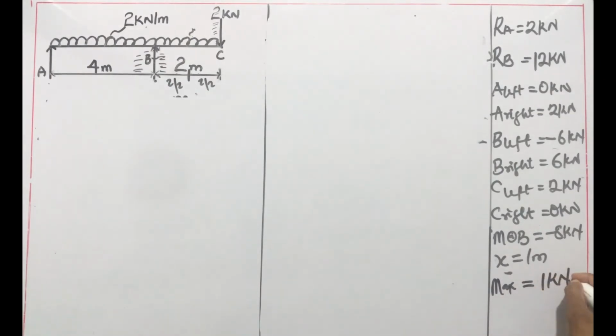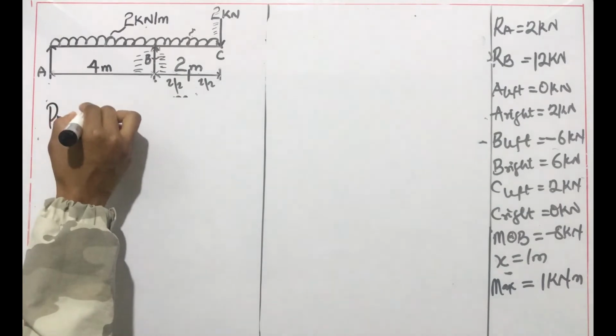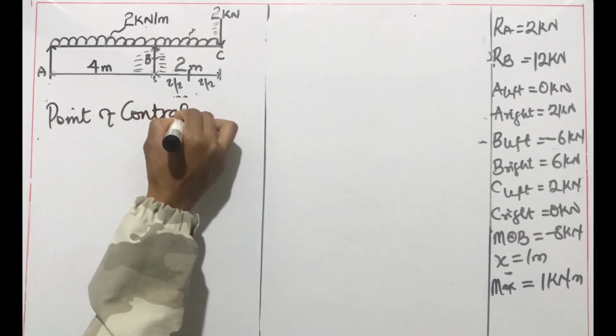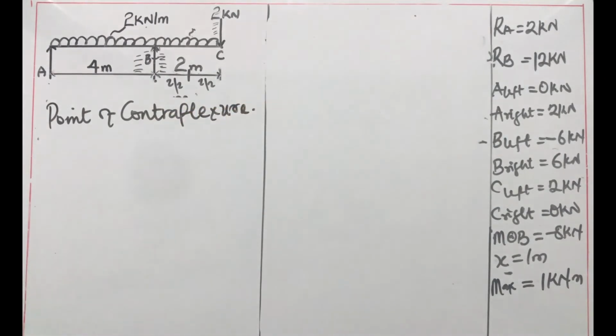Now you would realize that we have both a positive and a negative moment. You'd know that the moment moves from positive to negative. The point where moment is equal to 0 is called the point of contraflexure.